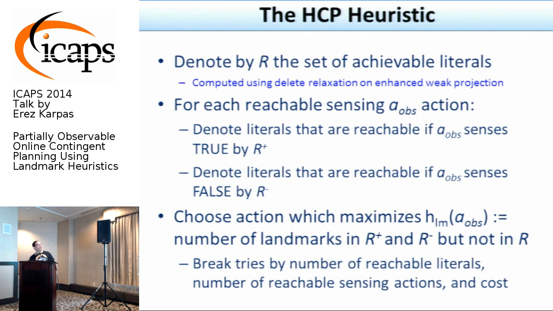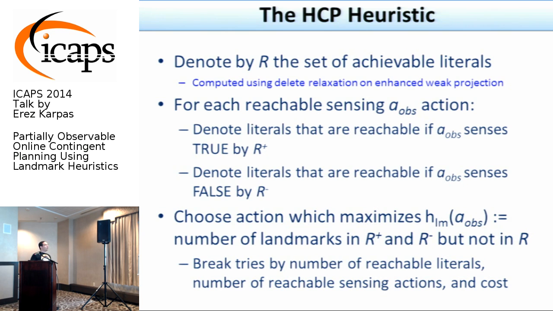Oh, going really fast. Okay, so we're going to denote by R the set of achievable literals, and we're going to compute that using the delete relaxation on the projection. Okay, and for each reachable sensing observation action, okay, so now we want to choose an observation action, right? We want to choose the best observation action to sense, or the one that will give us the most information, basically.